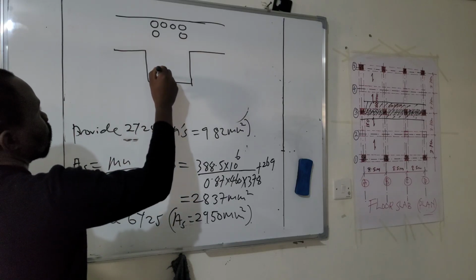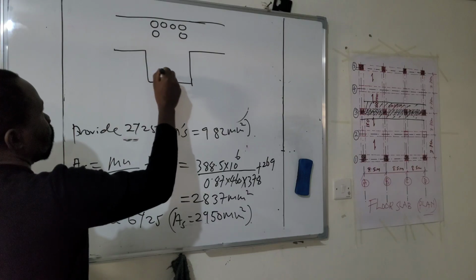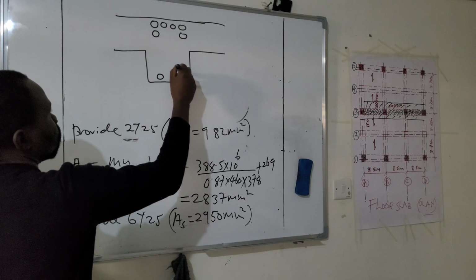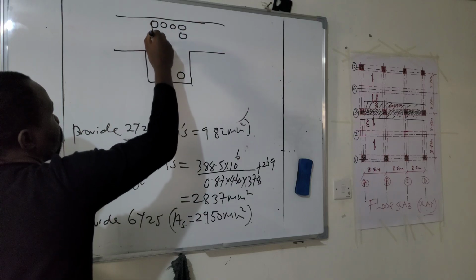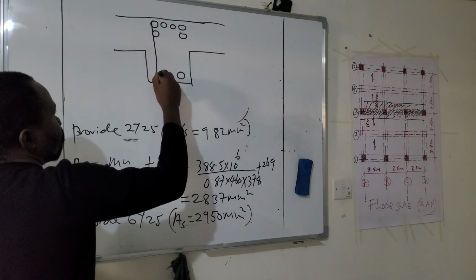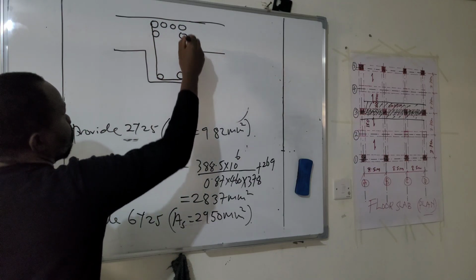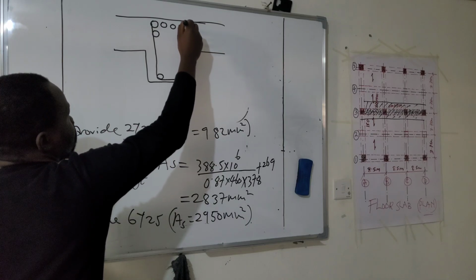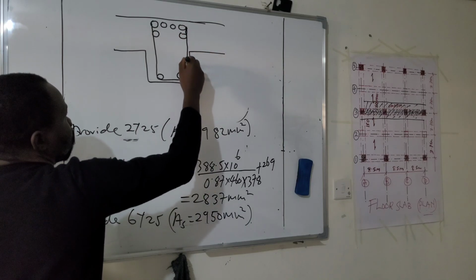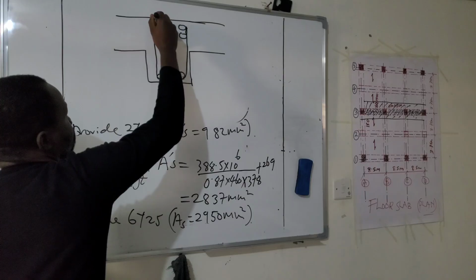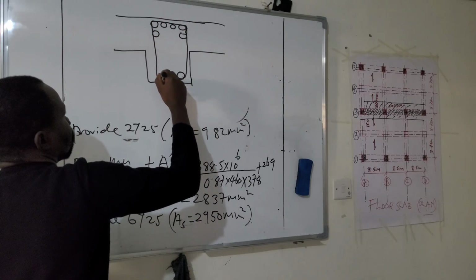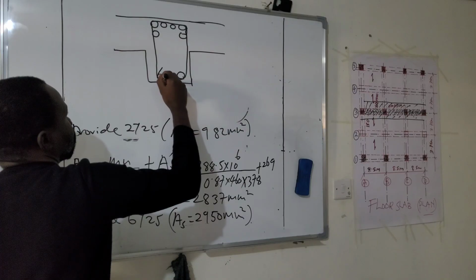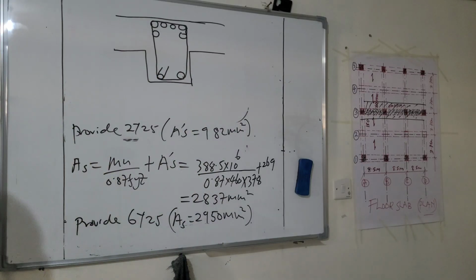So this is 1 and then 2. Then you have the link, like that.